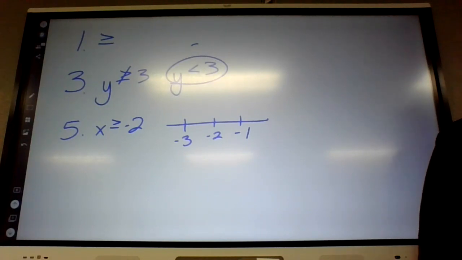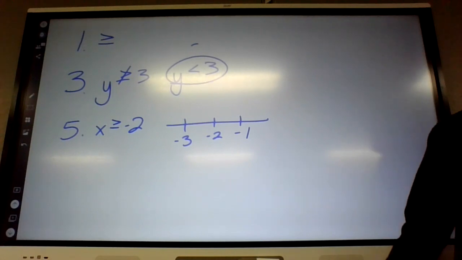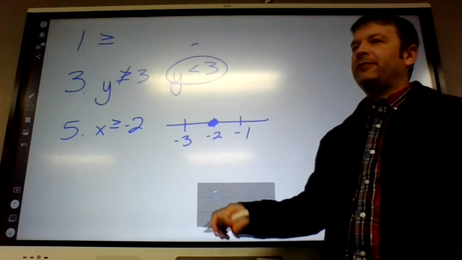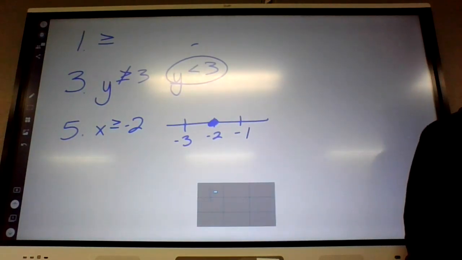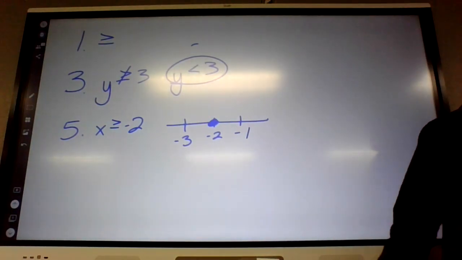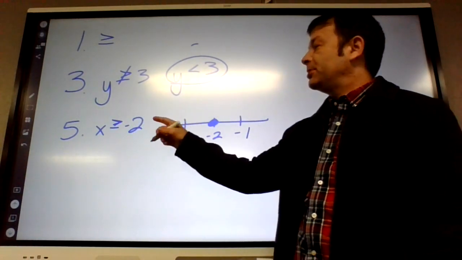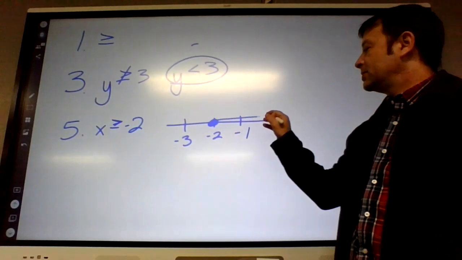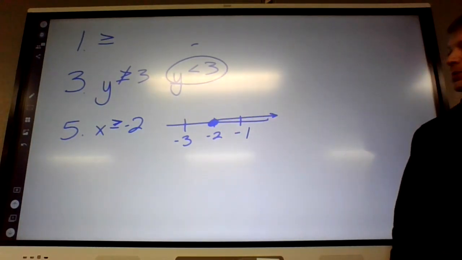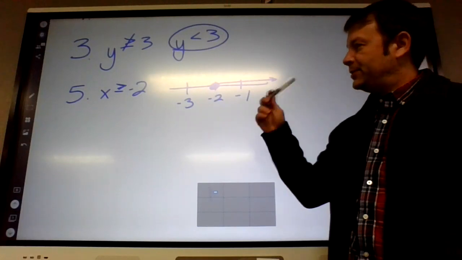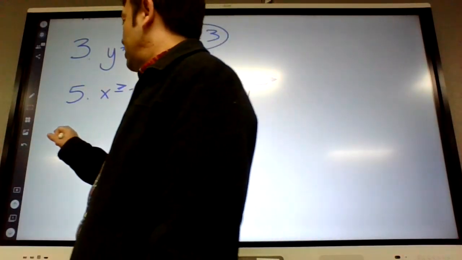So should the circle be open or closed? Closed. I'm talking to Atticus. And should the arrow be going left or right? Right. So you can kind of tell because this arrow usually will match this arrow, unless the X is on the wrong side. Because all the numbers that are greater than -2 are to the right on the graph.